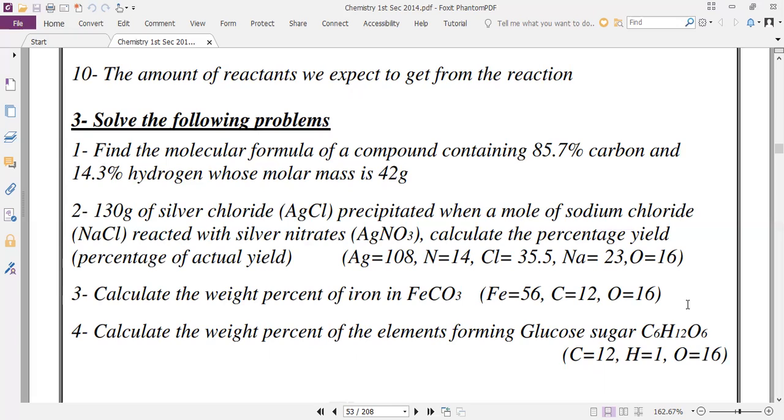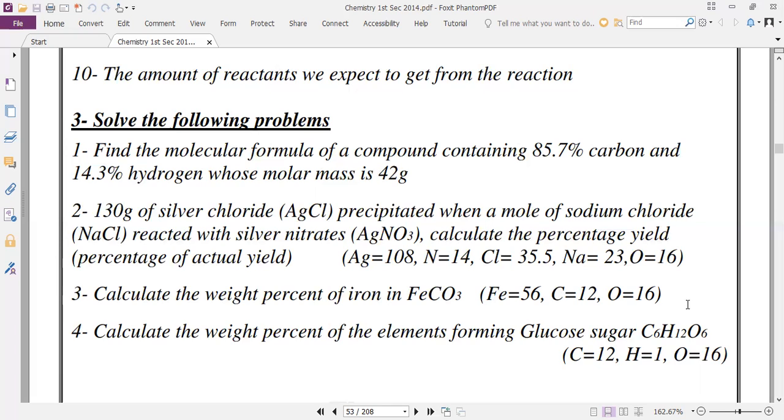So we are going to make what? Okay, try to explain. We will make the ratio. We will write the weight of hydrogen 14.3 and the one of carbon 85.7. Then we will divide 14.3 by 1, and the carbon by 12.